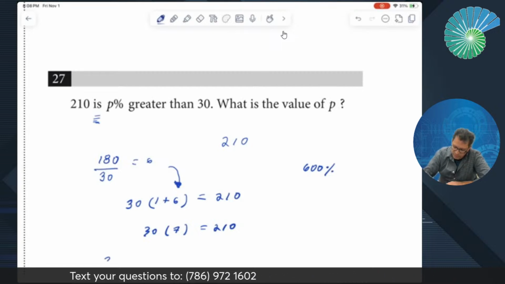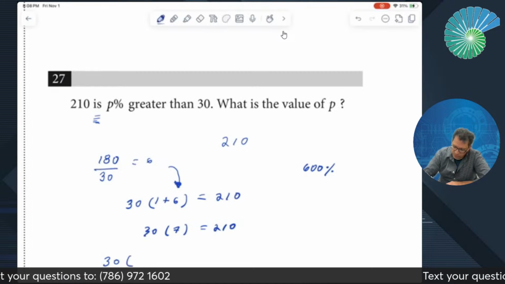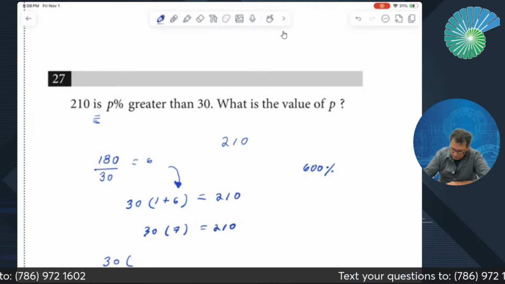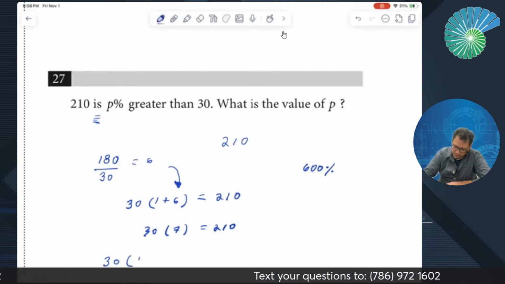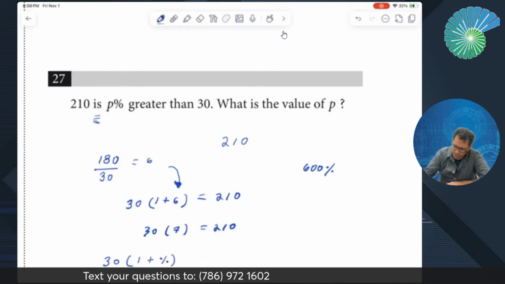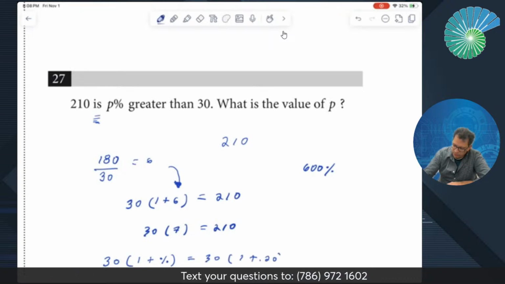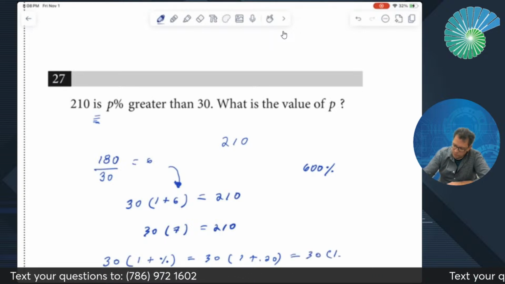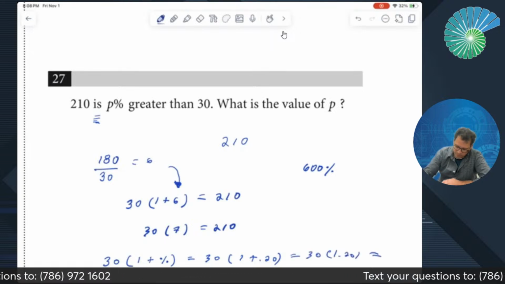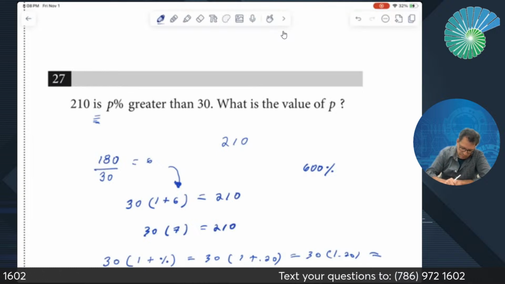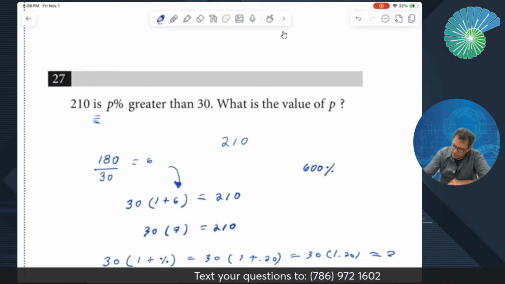Because to increase by a percent, let's say, for example, if I'm going to add 20% to 30, I multiply 30 by 1 plus that percent. So it would be 1 plus the percent converted into a decimal, which is 30 times 1.20, and then you get 36.